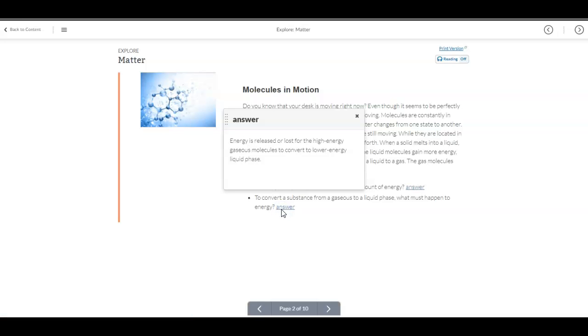So energy is released or lost for the high energy gaseous molecules to convert to low energy liquid phase. So it's going to be cooling down, if we think of it that way, or going from high energy to low energy. So gas to a liquid is high energy to low energy. That may be noteworthy as well.